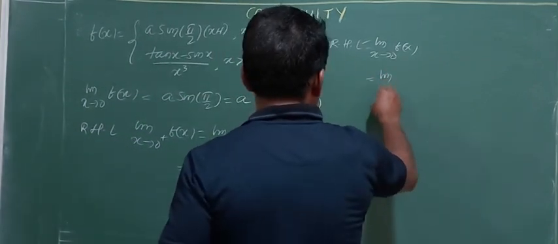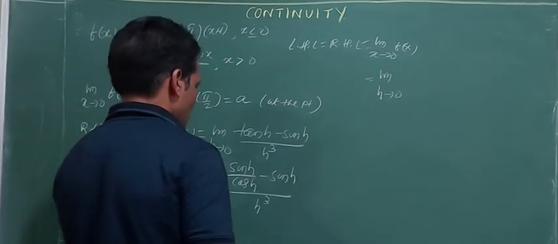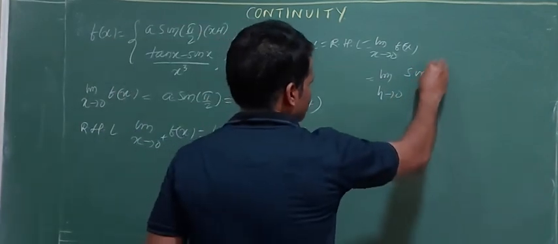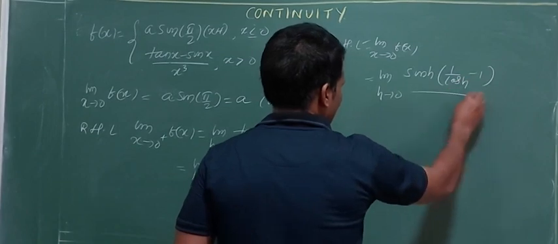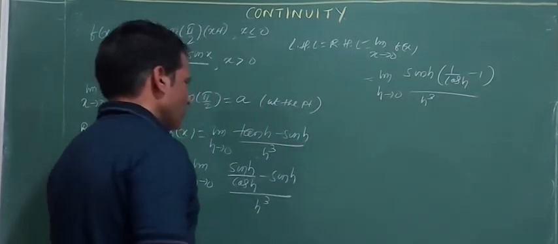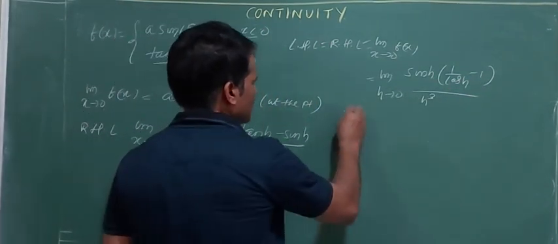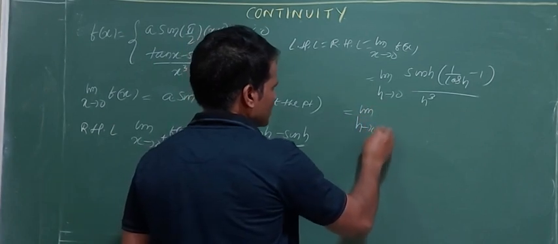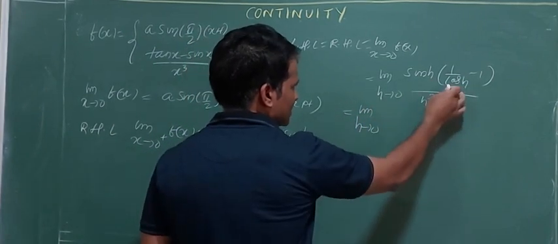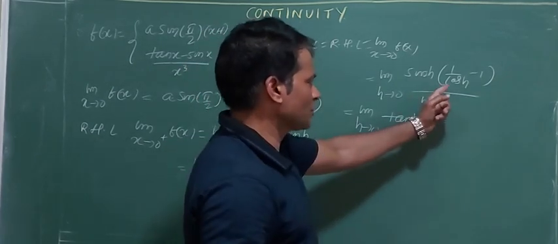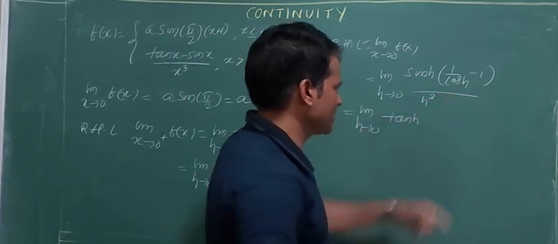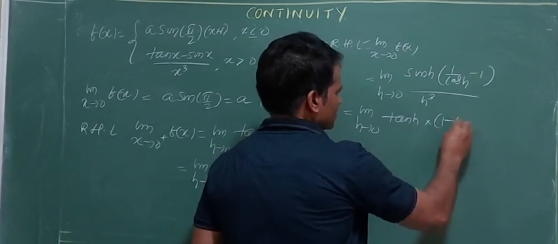Limit h tends to 0, take sin h common: (1 by cos h minus 1) by h cube. Take the LCM: sin h by cos h, I took the LCM, into (1 minus cos h). Two steps are omitted here.